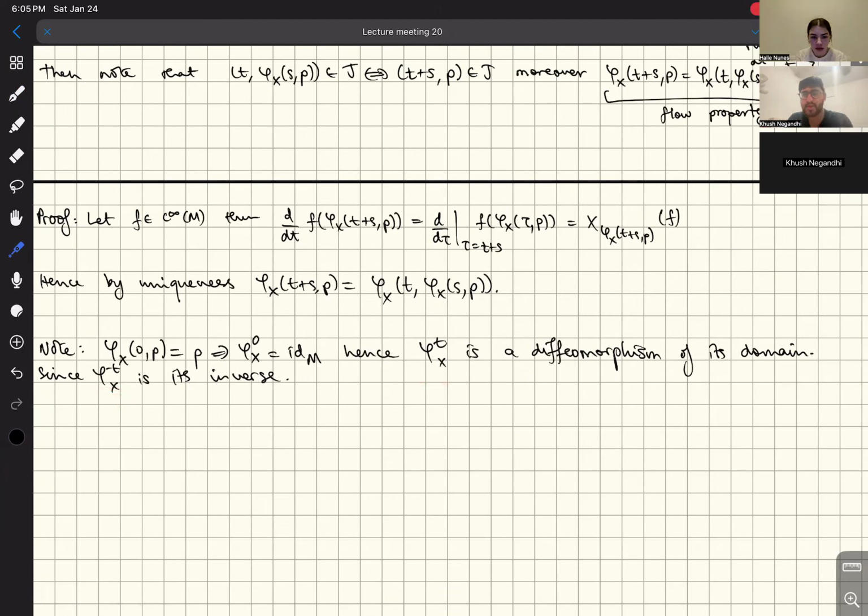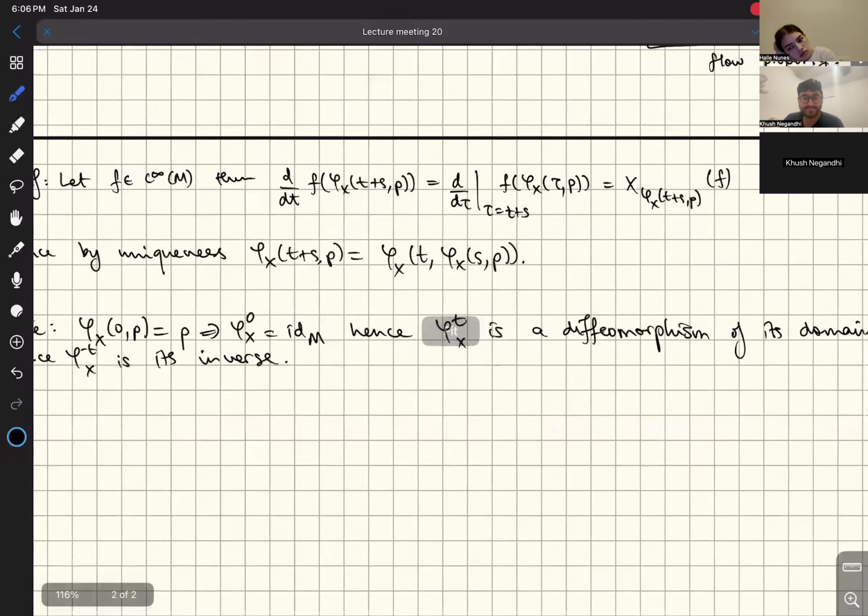If you have a collection of functions parameterized by some parameter t, you can check very clearly whether this family of functions is a flow by checking that if I compose them, it's the same thing as if I add.